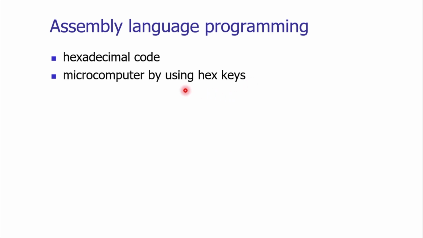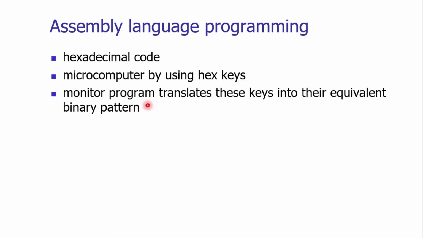Similarly, we can have a hex-key-based keyboard through which we can communicate with the machine. The monitor program translates these keys into their equivalent binary pattern, which the microprocessor utilizes to take the necessary action.